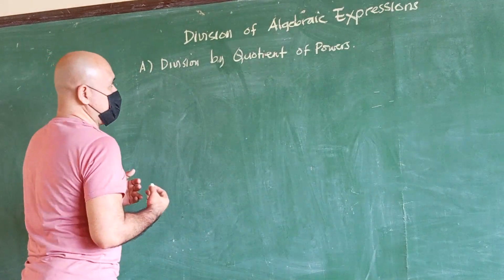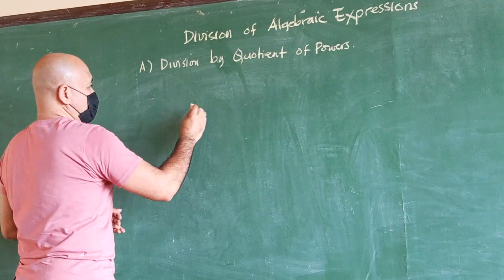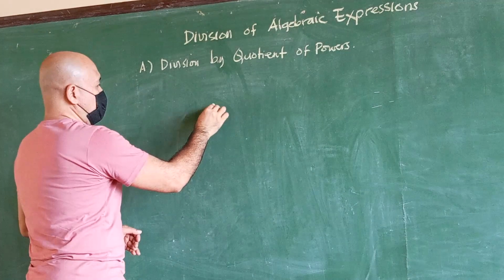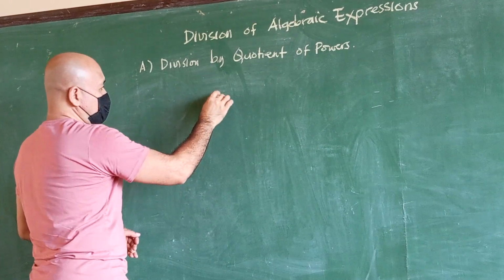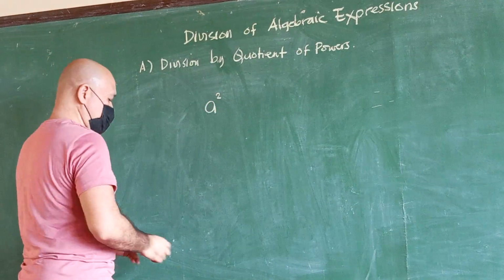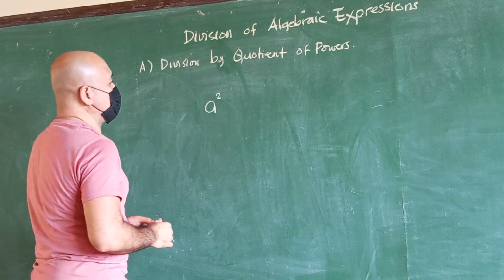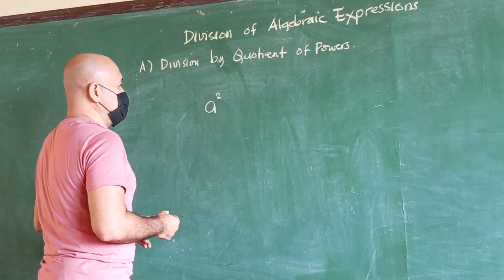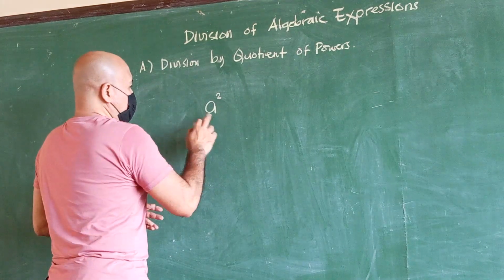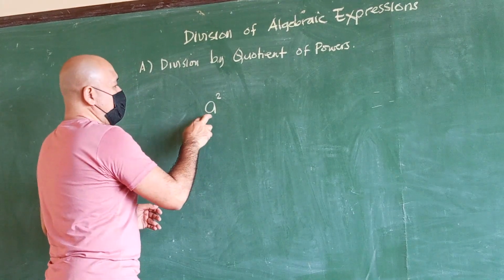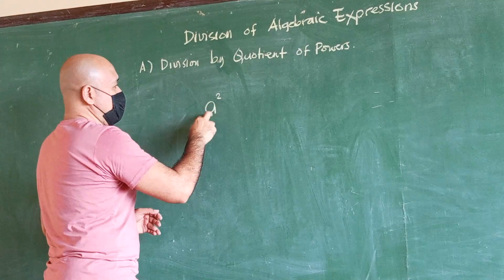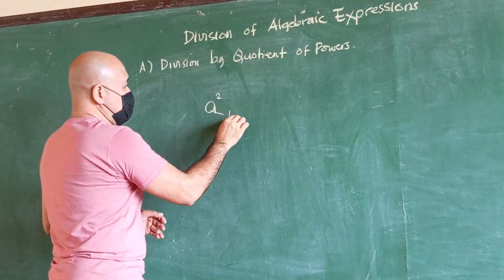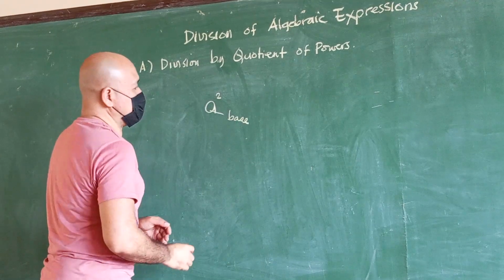Okay, before that, let's talk about power. For example, you have this expression a raised to the power of 2. Let us be familiarized once again with the parts of the exponential expression. For a raised to the power of 2 or a squared, a, we call this the base.